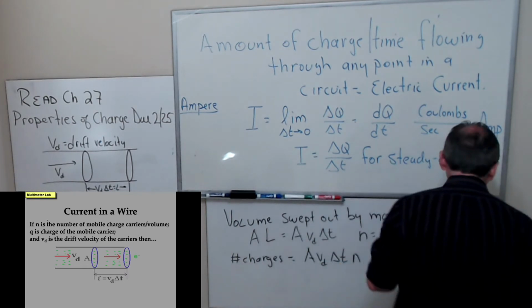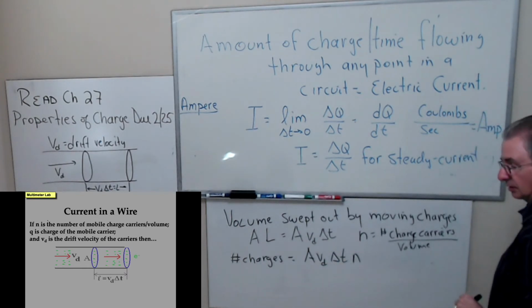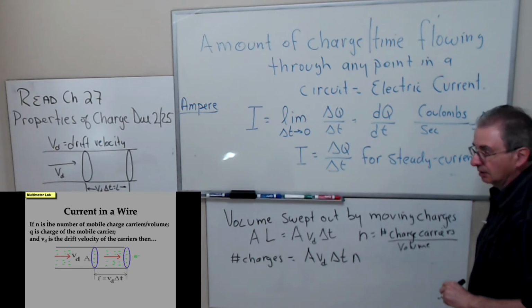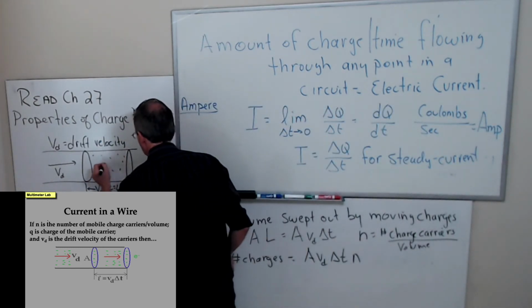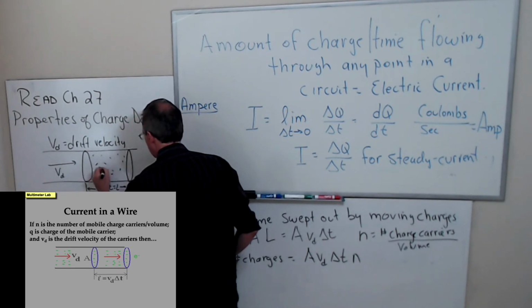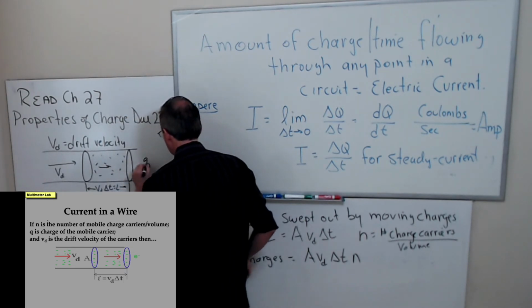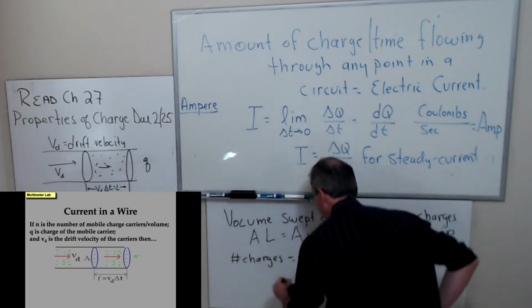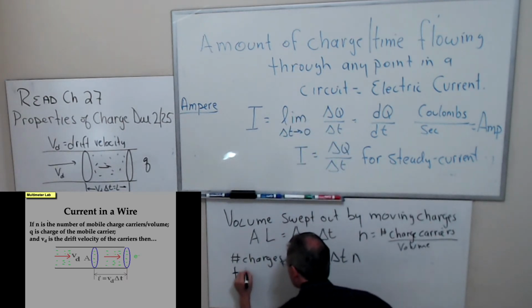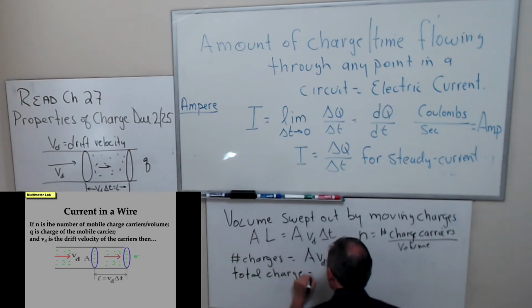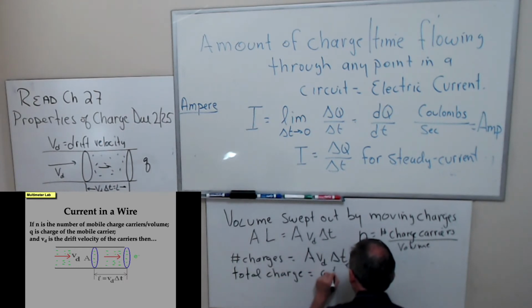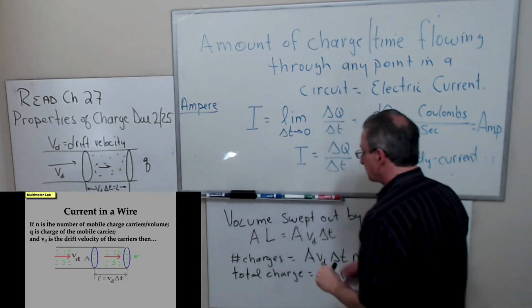So how do I figure out the total charge? Well, if all these particles in here that go from here to here have charge Q, then the total charge is Q A V sub D delta T times N. And so what's my current?